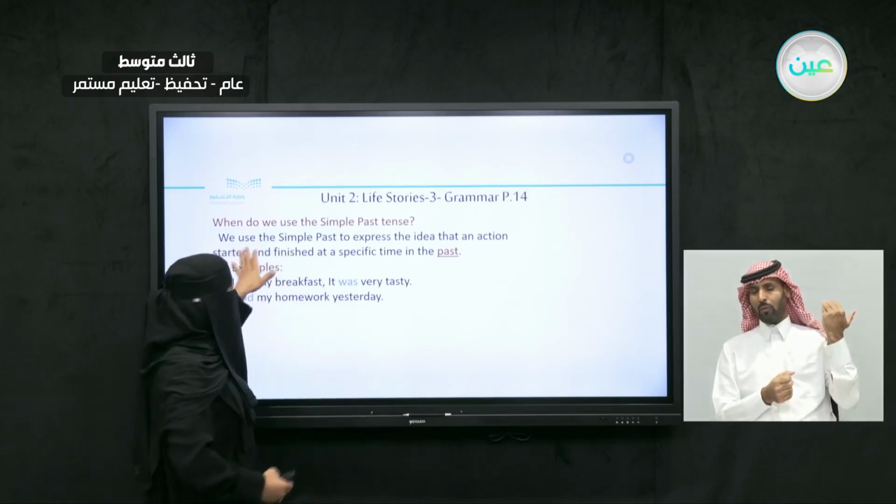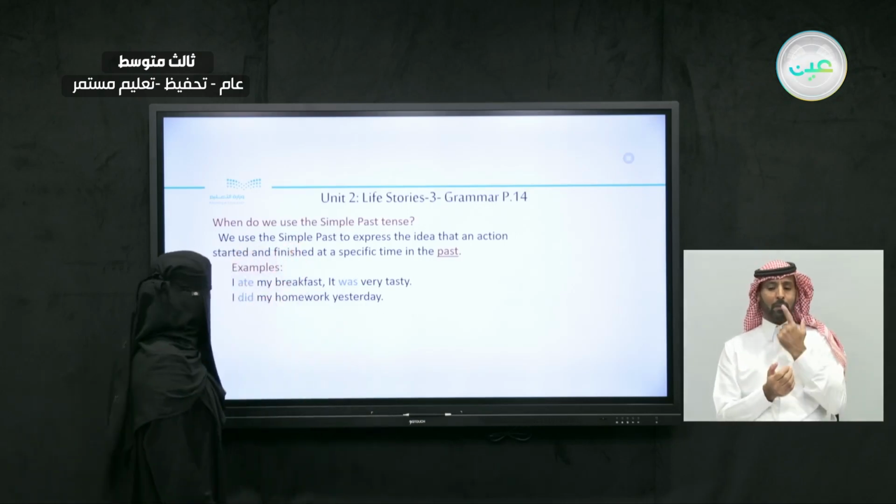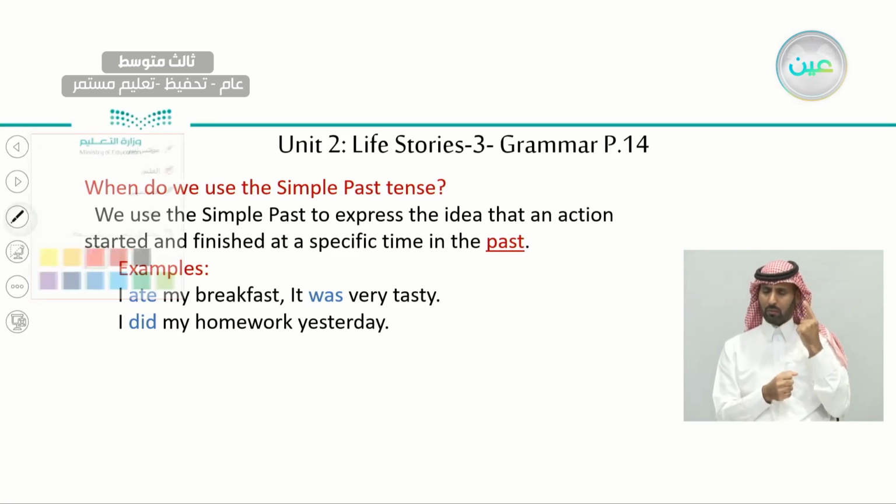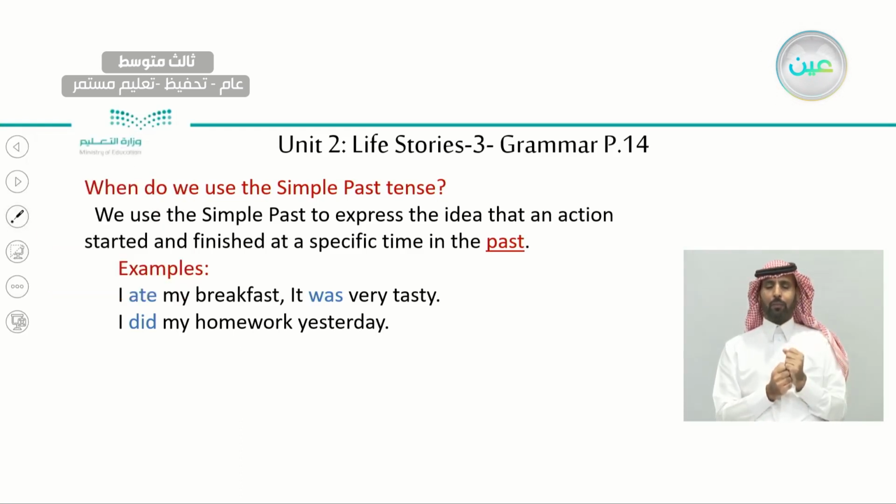So we use the simple past to express the idea, okay, that an action started and finished at a specific time in the past. I told you yesterday, so you know when you did this activity, okay? For example, there are some examples here.